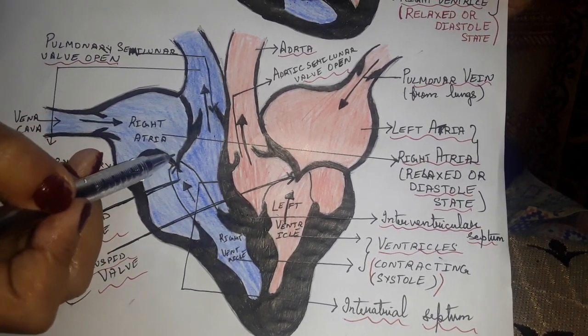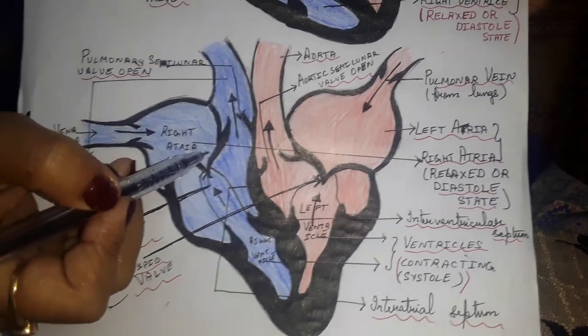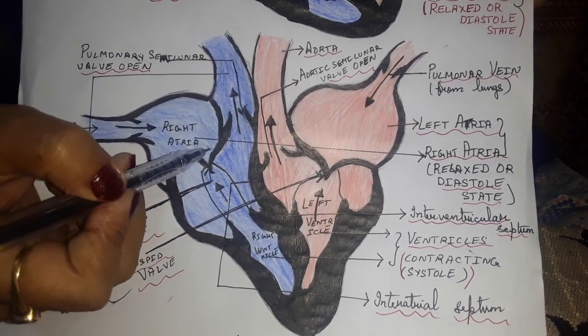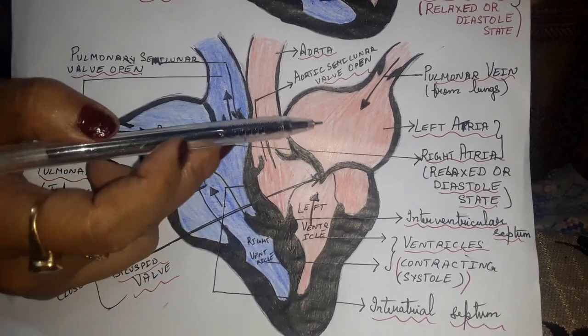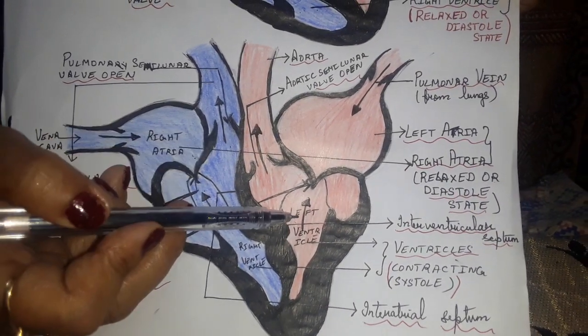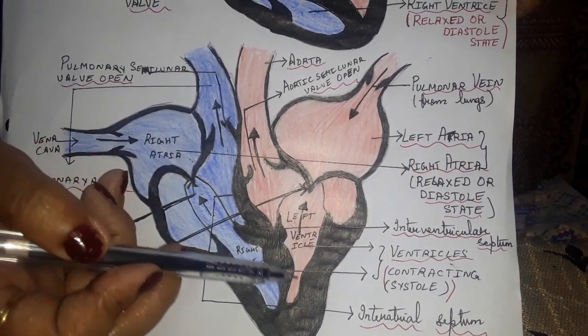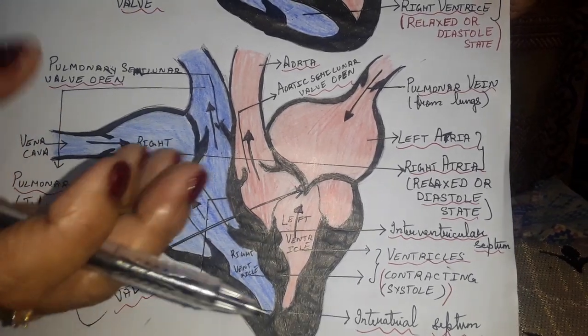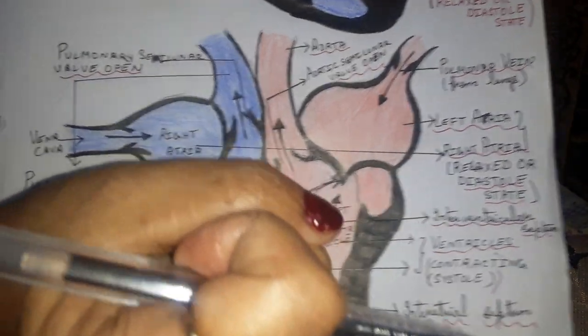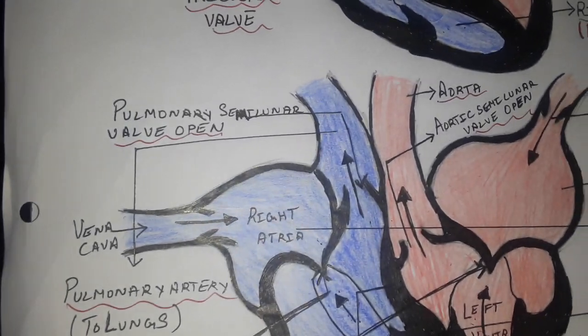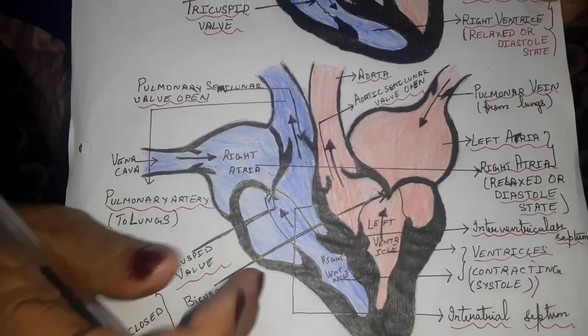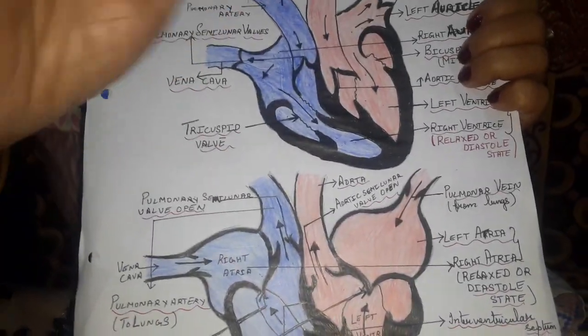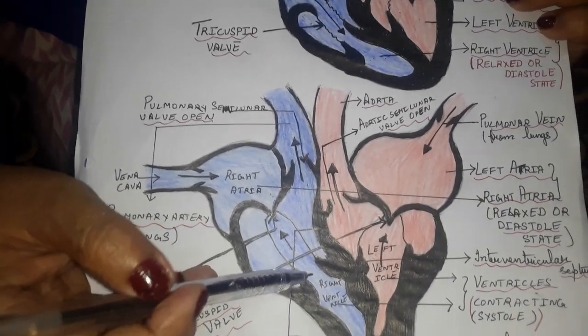The blood which is poured from the right atrium into the right ventricle and from the left atrium into the left ventricle, these ventricles are filled with blood and they undergo contraction. That is, the muscles undergo contraction. Now, what happens in this case?